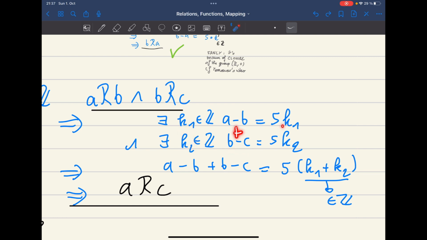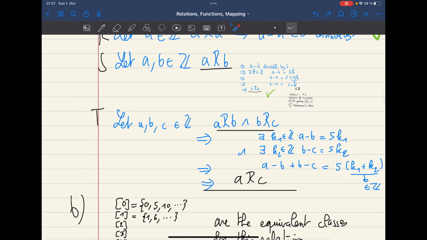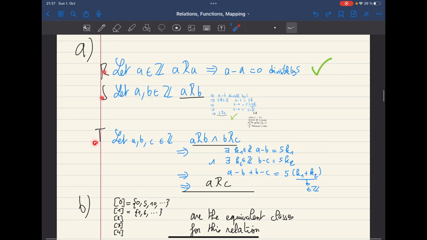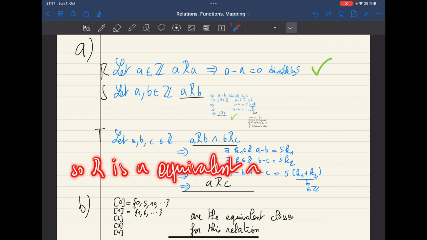Just add the right parts together, the left parts together, then the B cancels, and you have A minus C equals 5 times something that is an integer. Therefore, we have A minus C divisible by 5, so A is in relation to C. And we have proven, therefore, RST, which means equivalence relation.